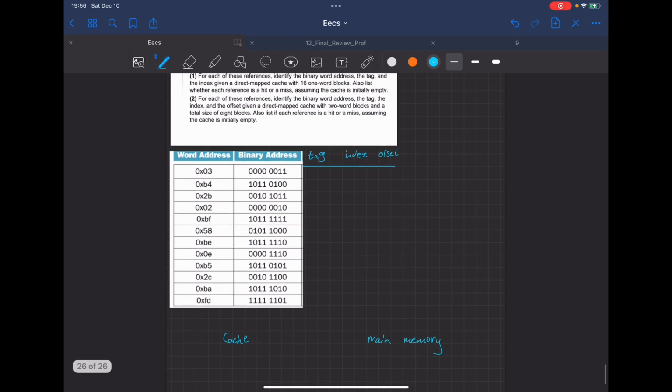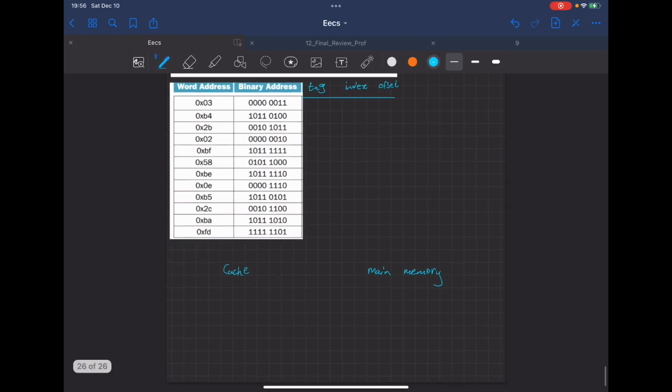And so since it's direct mapped, if we recall that I drew a cache something like this, right? Like this and like this, okay? And then it has maybe some more rows like that.